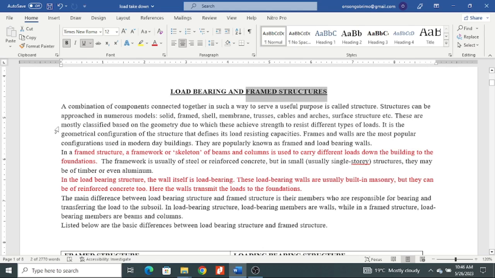And sometimes in framed structures we normally have things like shear walls. For instance, if you have a high-rise building with lift cores and some shear walls in certain locations, it is not going to make it load bearing.